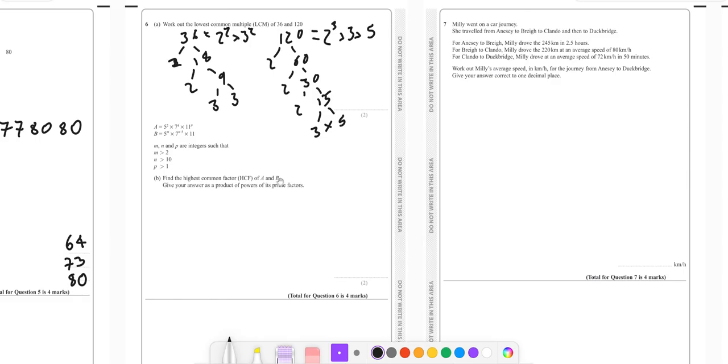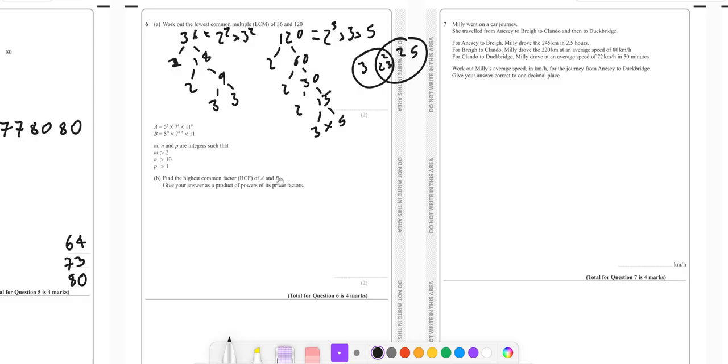Now I'm just going to write these in a little Venn diagram. It helps. So the things that are common: there's two 2s and a 3. What's left? There's a 3 in this one and a 2 and a 5 in this one. So the highest common factor is the bit in the middle, but we want the lowest common multiple, which is actually just all of them multiplied together, because then it's a multiple of all of them.